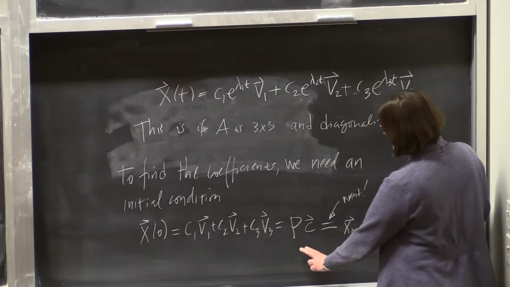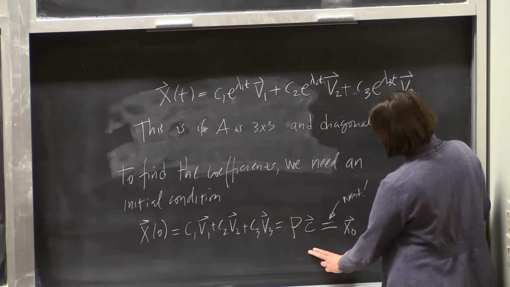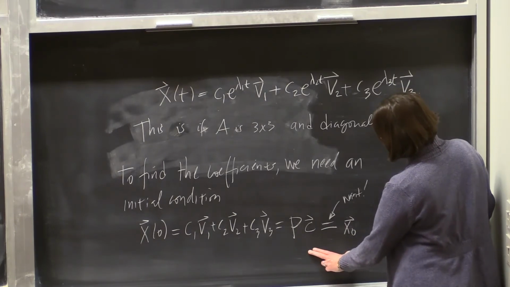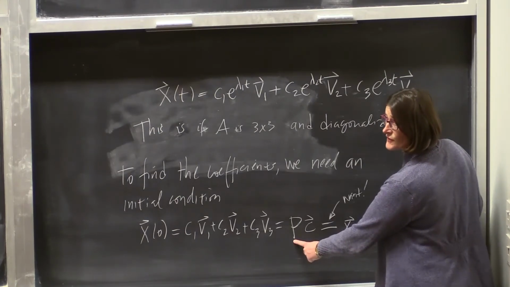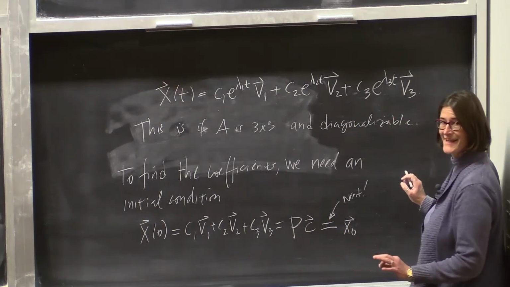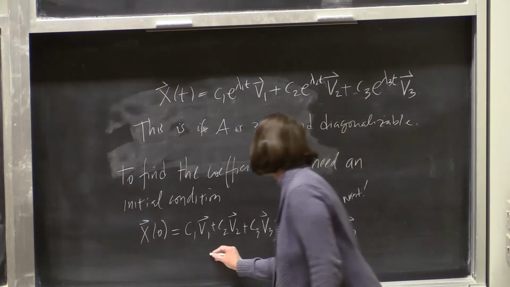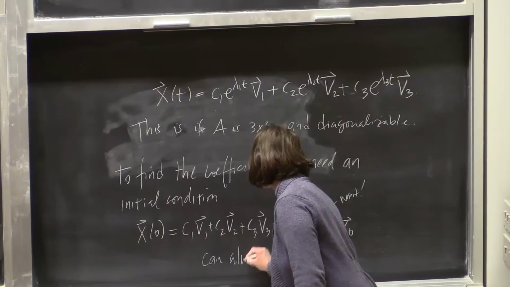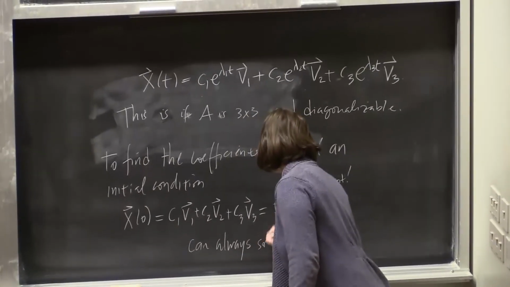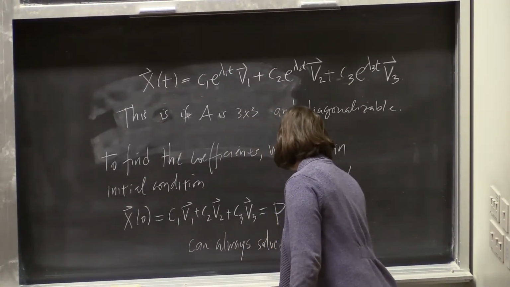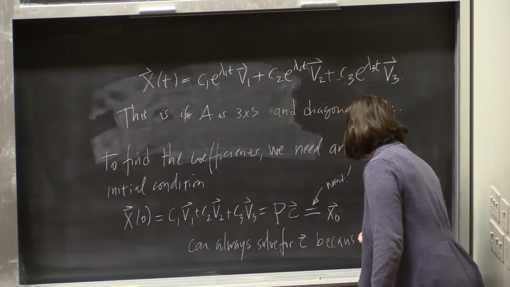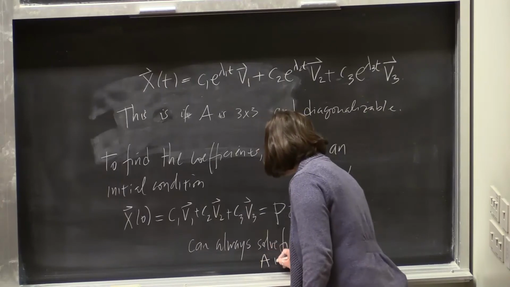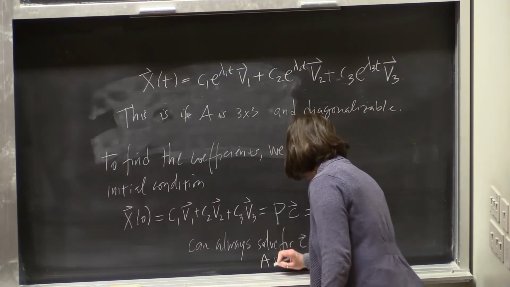Will I be able to solve this for every x0? That comes down to whether or not P is invertible. Is P invertible? Yes, because A is diagonalizable. Can always solve for C, because A is invertible, diagonalizable.